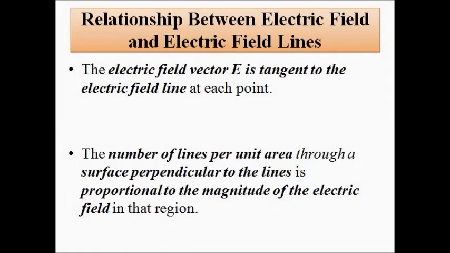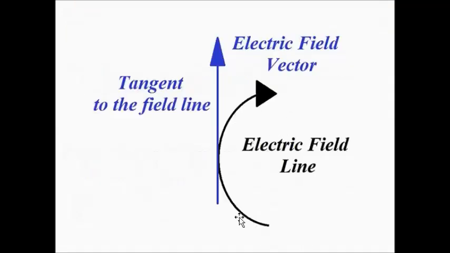See, the electric field line generally occurs in the form of a curved line, and the tangent to this curved line is the electric field vector. Here the blue arrow is the electric field vector, and this black curved arrow is the electric field line.